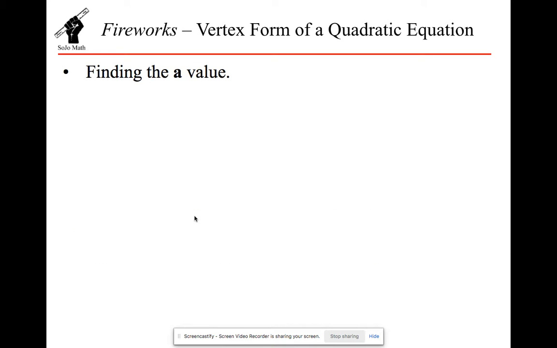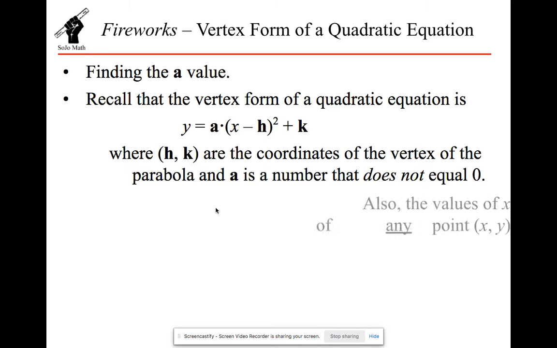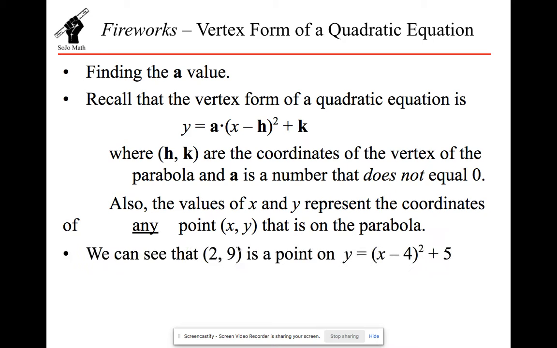And so let's say we're trying to find the value of the letter a in our equation. Recall that the vertex form of the quadratic equation is this. Let's say we are looking at an equation that is something like this, and in our parabola, we have the point (2, 9). In parabolas, you're going to see points regardless, so just pick a point, whatever point you want to work with.